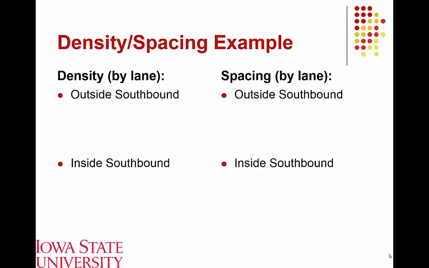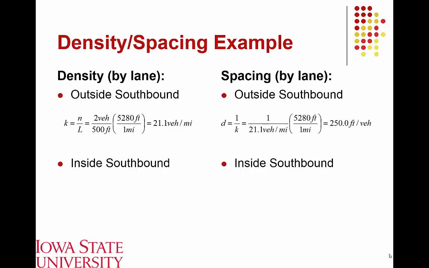So starting with the southbound lane, where we saw 2 vehicles over that 500-foot distance, 2 over 500 gives us a spacing in terms of vehicles per foot. Now converting that to a per mile basis, we see we have a density of 21.1 vehicles per mile, and spacing obviously just being the inverse of that relationship, and converting it back to feet, we see that vehicles are spaced at an interval of 250 feet from one another on average.